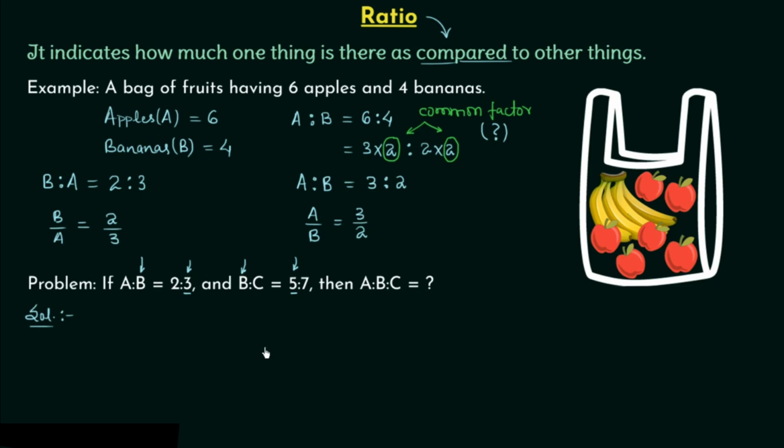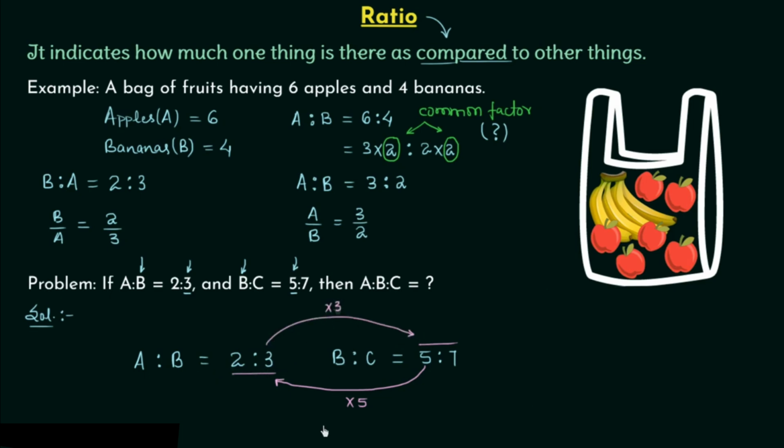So now we will shift our focus to making B the same in the two ratios. We will multiply A ratio B, 2 ratio 3, by 5, because B is 5 in the second ratio. Similarly, we will multiply 5 ratio 7 by 3 because B is 3 in the first ratio.